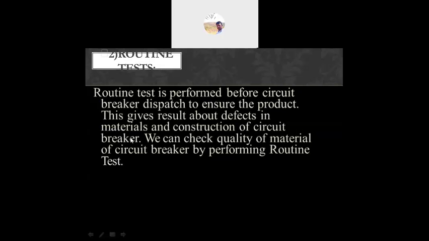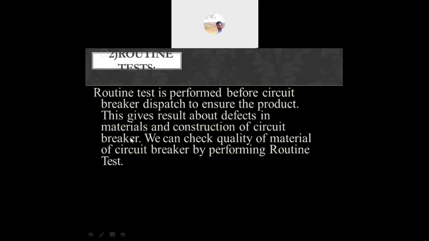Making and breaking the circuit sometimes appear, and short circuit testing is also there. Normal tests as well as types, direct testing and indirect testing methods are also there. The routine test is performed before dispatch, that is, before placing the circuit breaker in the network.